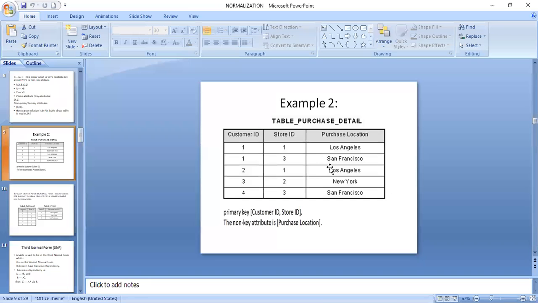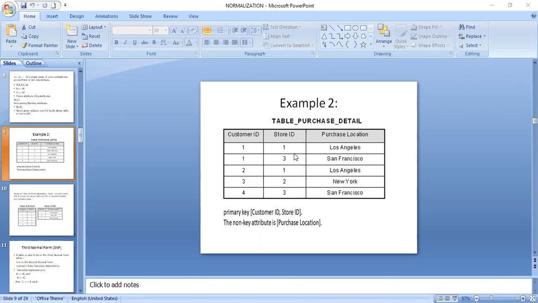As well, it has unique values. How are we saying that it has unique values? By this, 1 1 and Los Angeles, this particular row alone is unique when compared to all other rows, and hence we say that it is in first normal form.